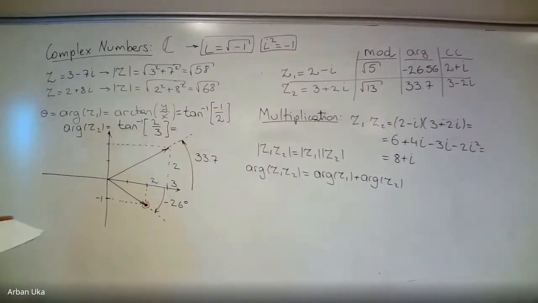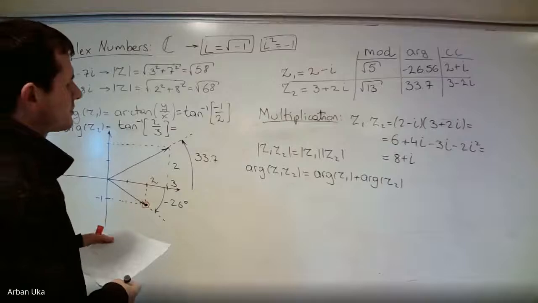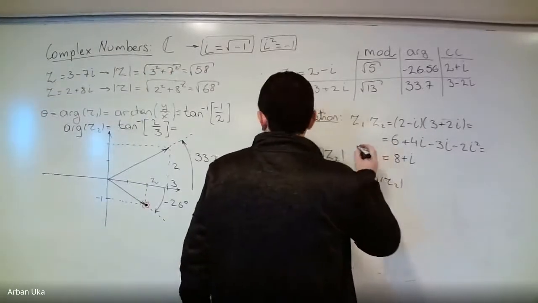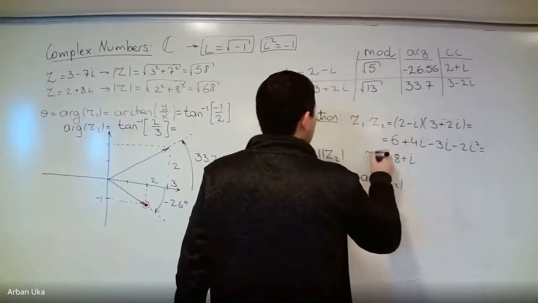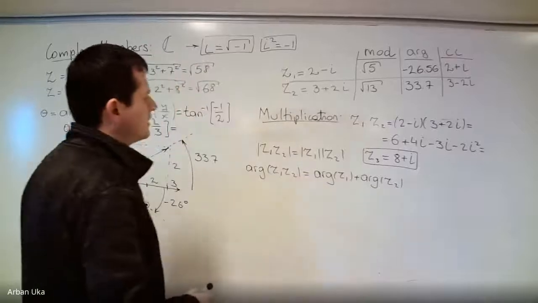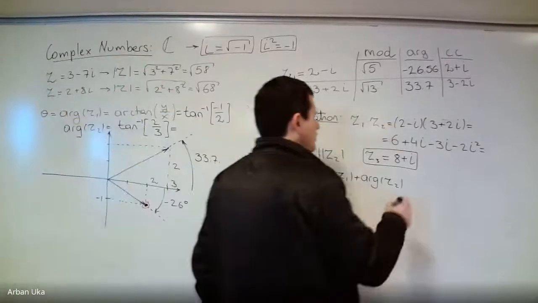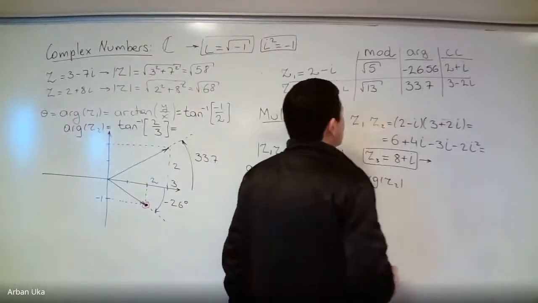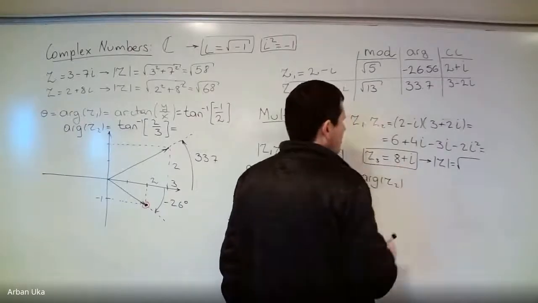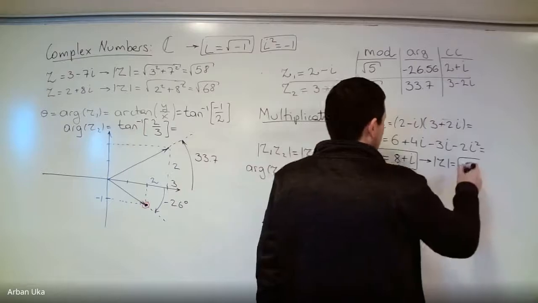Let's call this one Z3. So Z3 is a product of Z1 and Z2. And what is the modulus here? The modulus here should be equal to... square root of 65. 64 plus 1, 65, right?